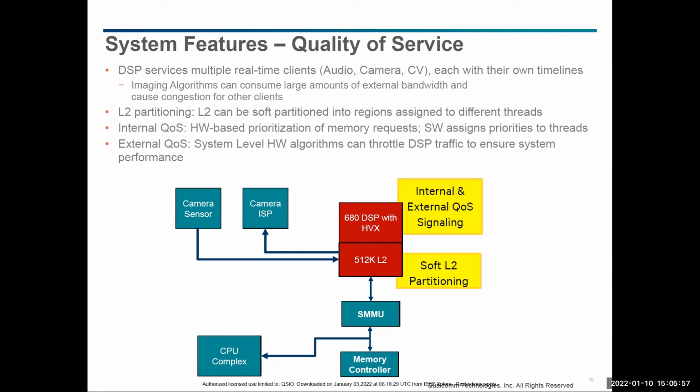That is where the system-level hardware algorithms come into the picture. The power manager will trigger the system-level hardware algorithms to reduce the frequencies and the data transfer rate so that the temperature can be brought down. And once that is done, that's when the performance comes back to its normal mode.